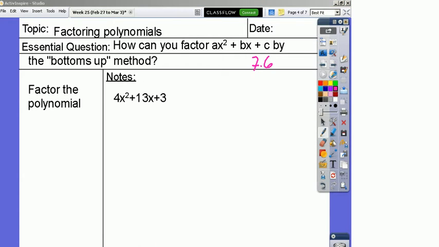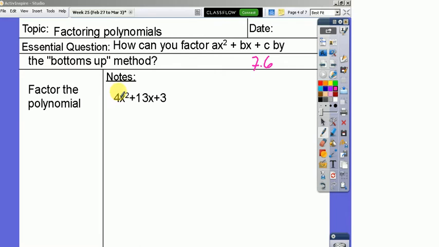Bottoms up method is new. It's new to me. It's new to several teachers. I've never heard of this before, but I like it a lot because it's quick and easy. You still have to do AC whenever you don't have a coefficient that is 1, and you can't pull out a GCF so that it is 1. So again, we ask ourselves if we can pull out a GCF. As the last two, this is the same problem. We know that we can't.